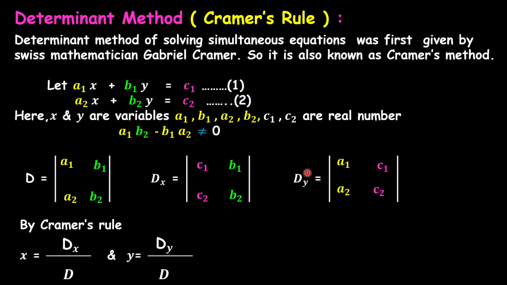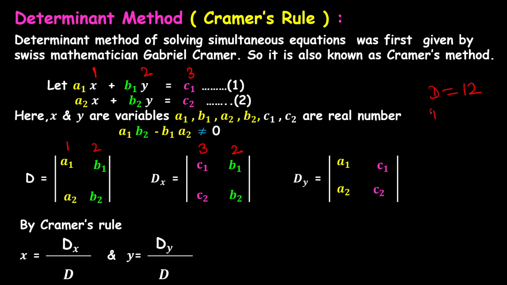Then how to remember these determinants? Here, suppose x is 1, y is 2, and constant is 3. Here a1 and a2 are the coefficients of x, therefore we write 1. And b1 and b2 are the coefficients of y, therefore we write 2. Therefore determinant D is nothing but 12. Now Dx, c1 and c2 are the constants, therefore we write 3, and b1 and b2 are the coefficients of y, that means 2.